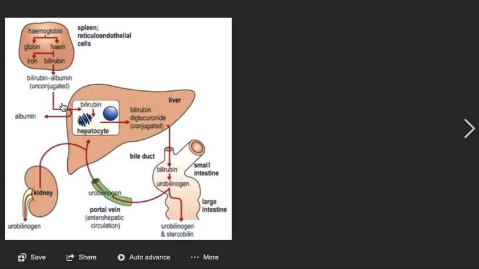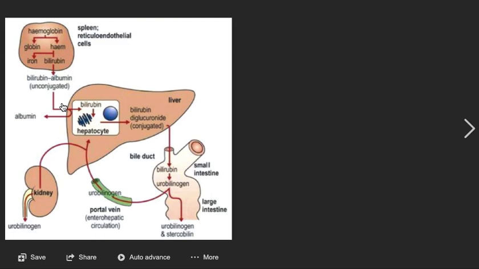We write it as LDH, and it's an enzyme found in almost all the cells. Lactate dehydrogenase, the enzyme present in every cell, is the one which converts lactate to pyruvate.